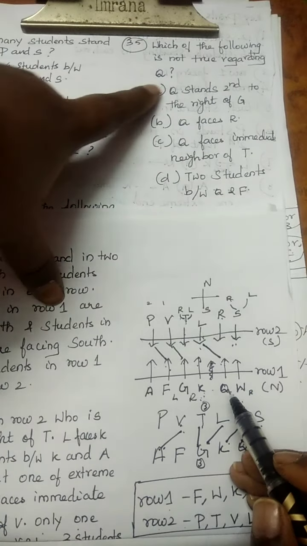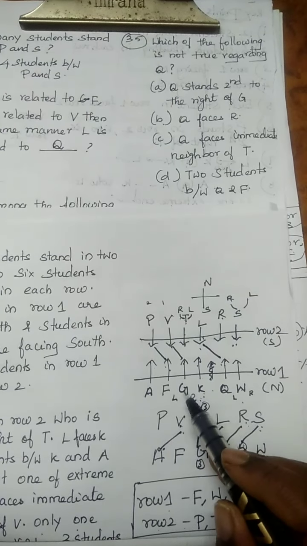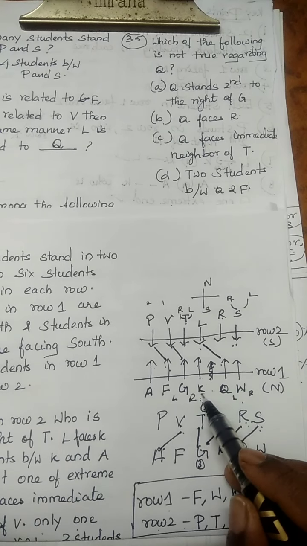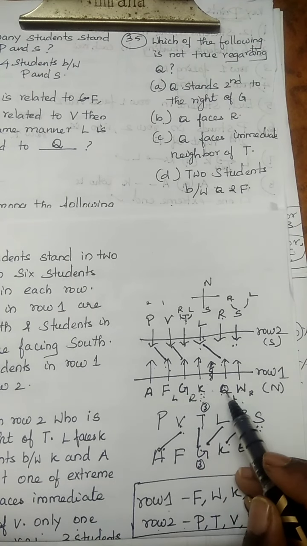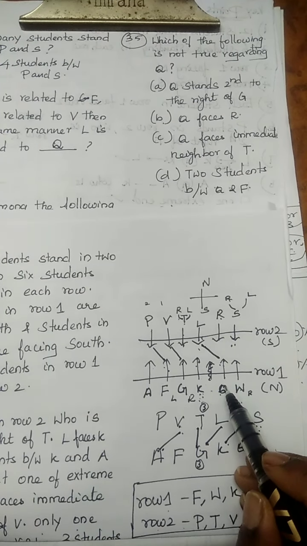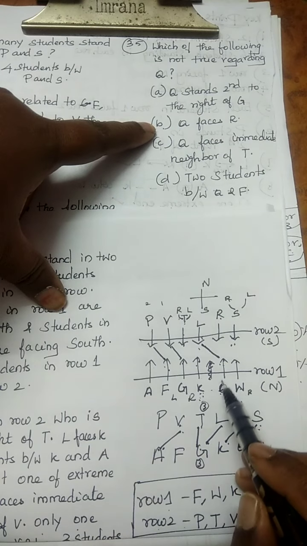See the option. Q stands second to the right of G. Yes, Q is second to the right of G. 1, 2. G's second right is Q. So it's true. Second option B: Q faces R. Yes, this is also right.